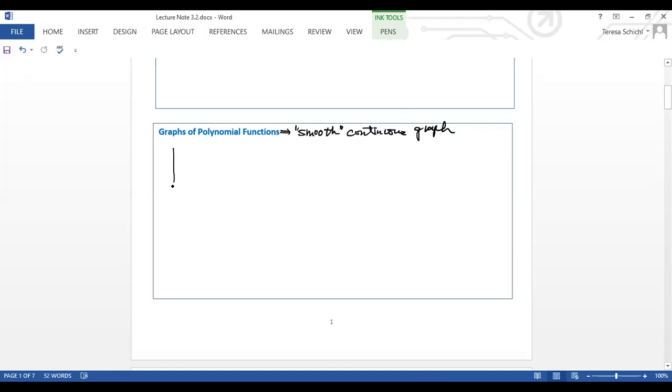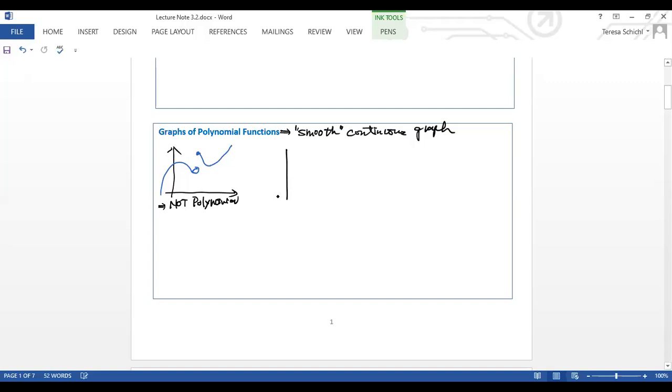So how do we define what the graph looks like? Let's take a look at this one here. If I have a graph like this, this is not a polynomial, because it's not continuous. There's a break here.